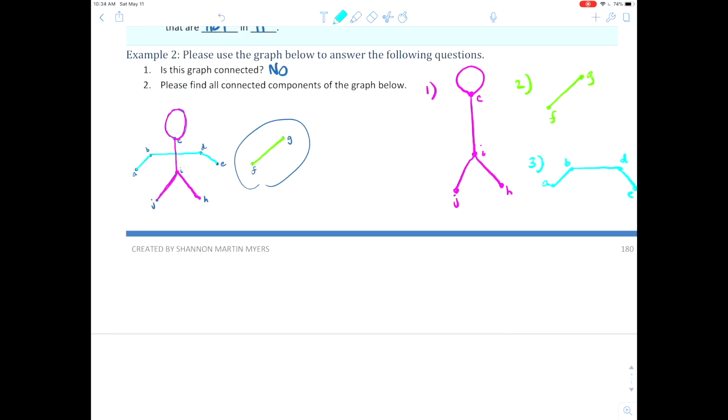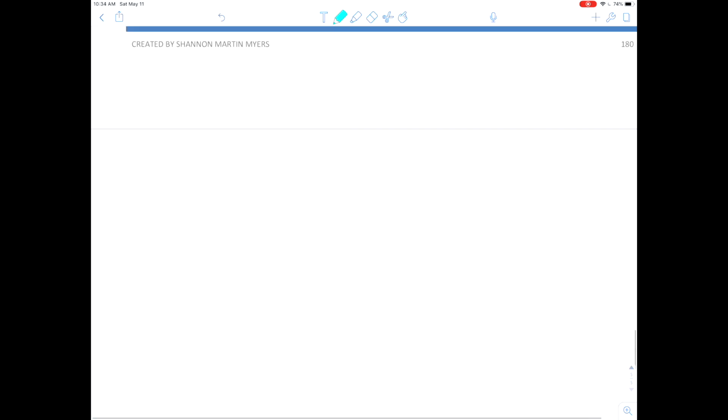The whole graph is the whole graph, what you saw initially. And then what we just did, where we drew the parts of the graph that were connected. Cool. All right, and that's it for this lesson.